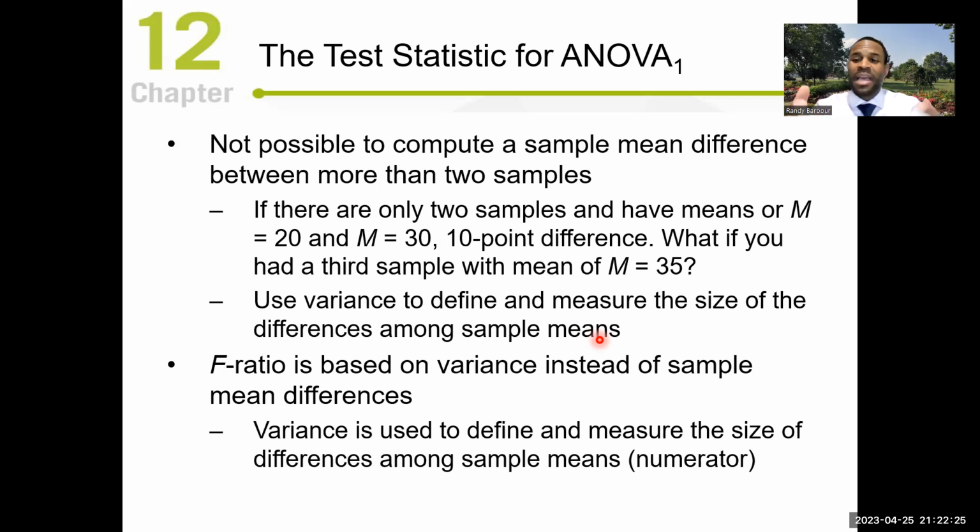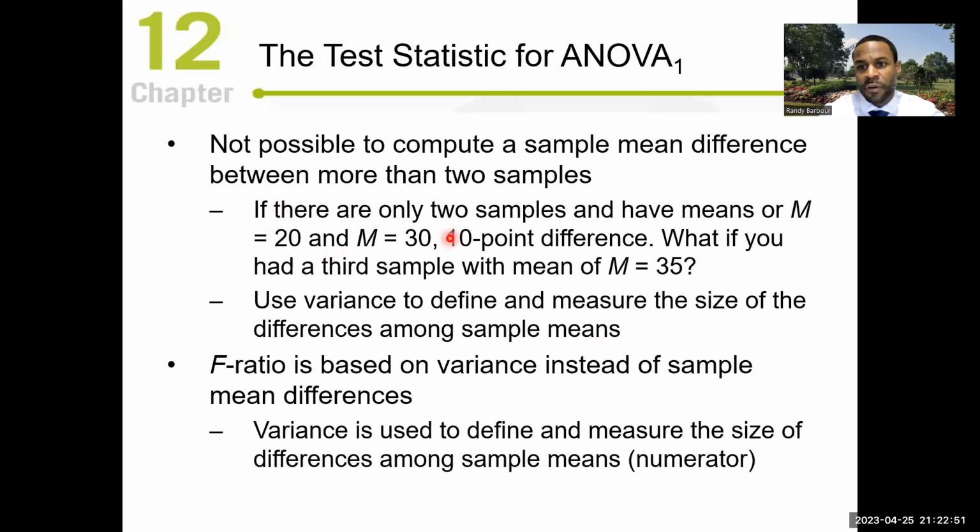So instead of just looking at mean differences, because we can't compare all these mean differences at the same time, what we'll do is we use variance. Variance is an indication of the differences between the groups. So the higher my variance, that means the groups are a lot more different. The lower the variance, the more similar.